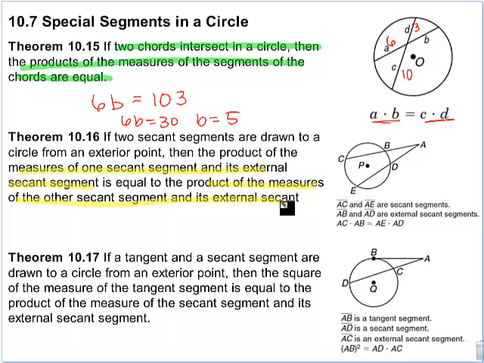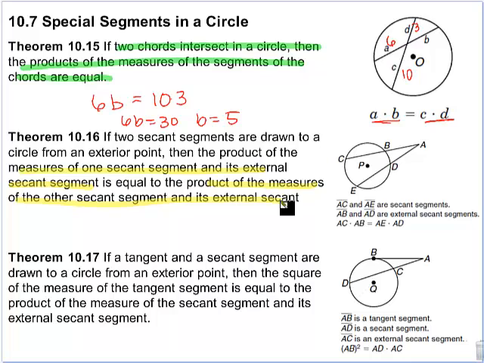Well, let's try to decipher what that's saying. What do you think it means when it says the measure of the secant? Is it talking about the length of the whole line, or just part of the line? The whole secant is its entire line. The external secant is a part of the line that's on the outside.